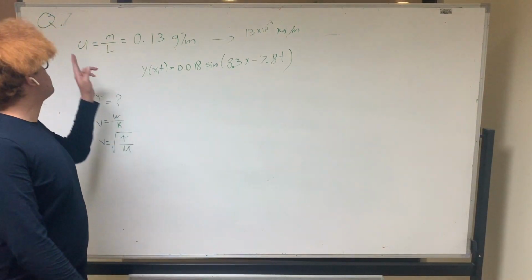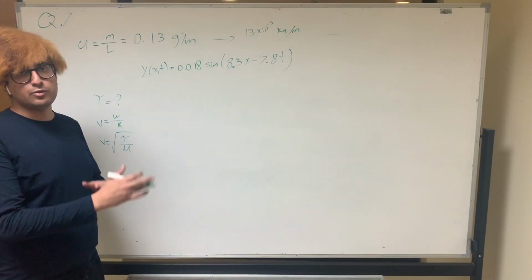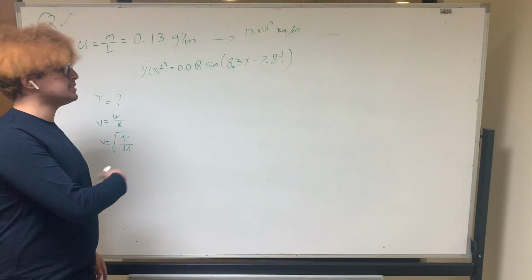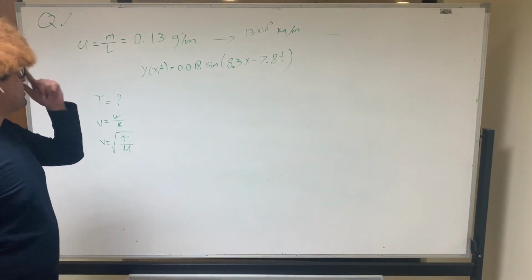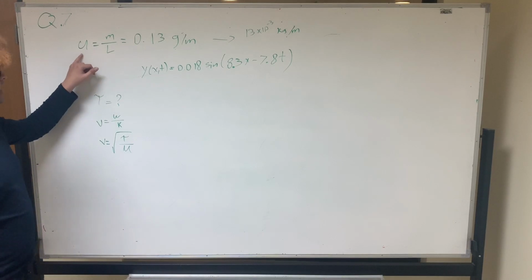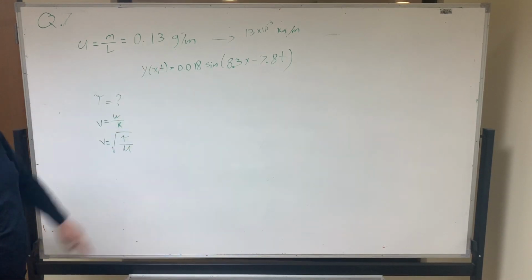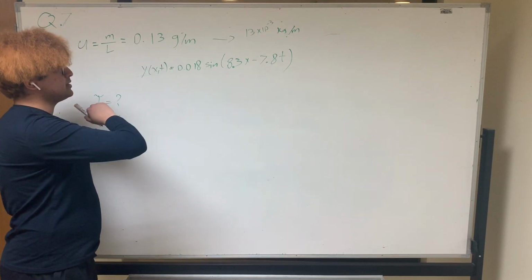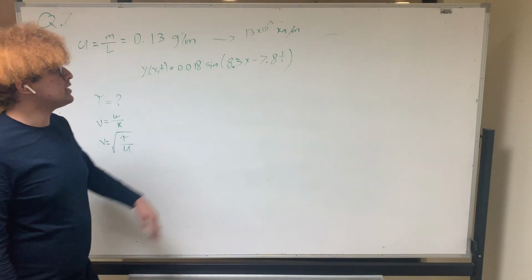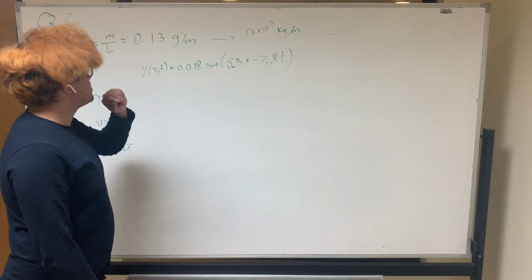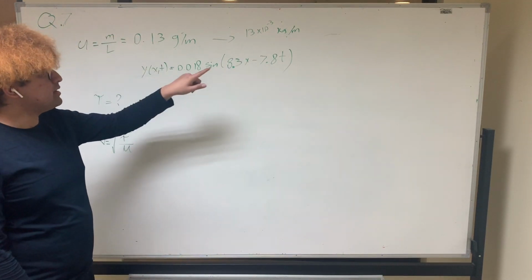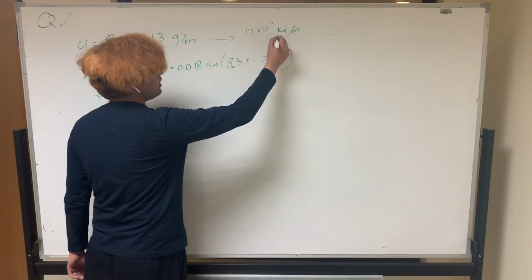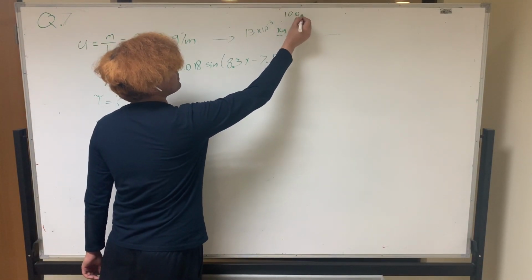Okay, so problem number 7 is a pretty straightforward problem. If you know your equations, you'll be easily solving this. So we're given in the problem that the linear mass density is equal to this number, and this number is given in gram per meter, and the SI unit is kilogram per meter. So we have to multiply this number by 10 to the negative 3, because we know that kilo means 1000.